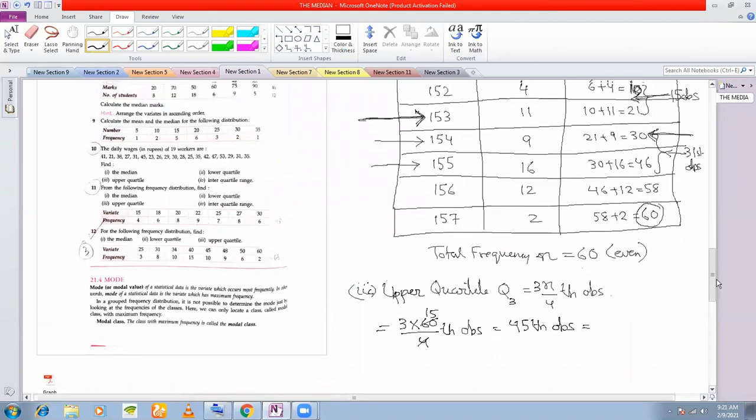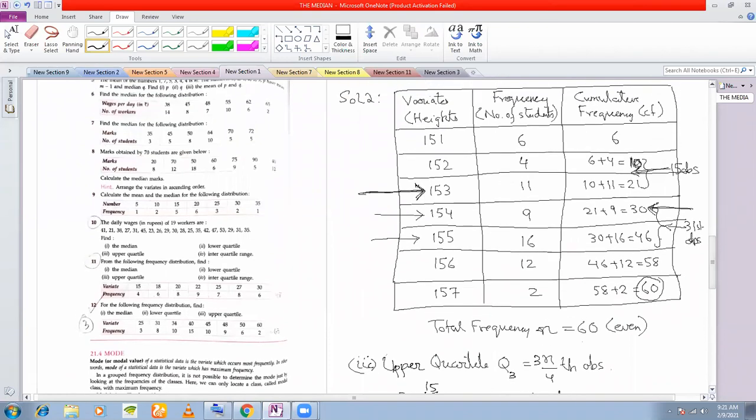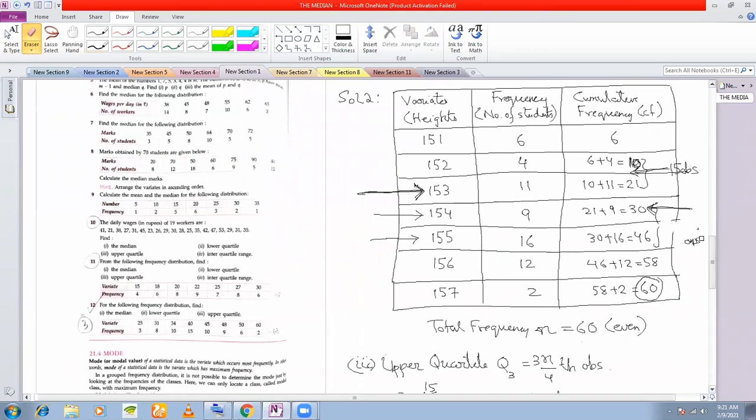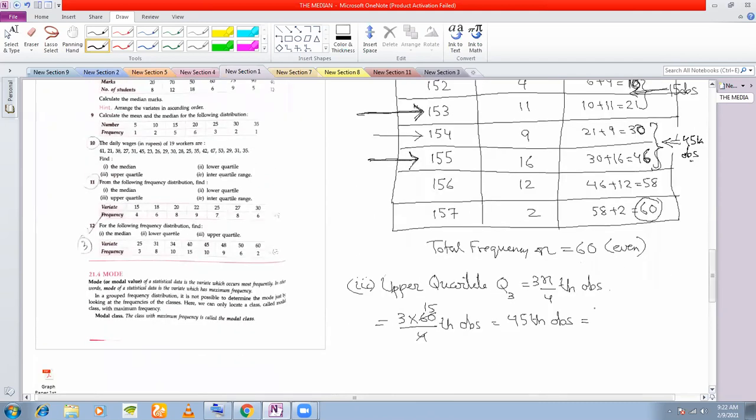Now again look at the cumulative frequencies column. The 45th observation lies between the 30th observation and the 46th observation. But since 45 is greater than 30, we take this as our 45th observation, that is 155. Okay, so that's it. Your upper quartile and lower quartile.